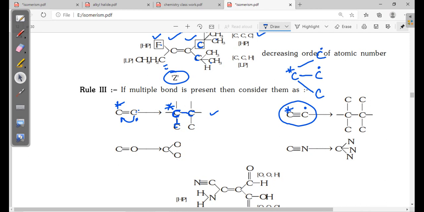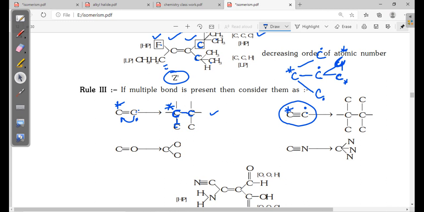This dot carbon is directly attached to the star carbon. Next, this dot carbon is connected with two more carbons. Understood? What are these carbons? Again, these are the star carbons only. The preference is like this.